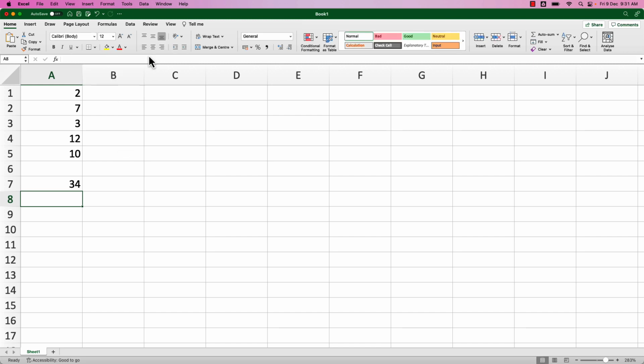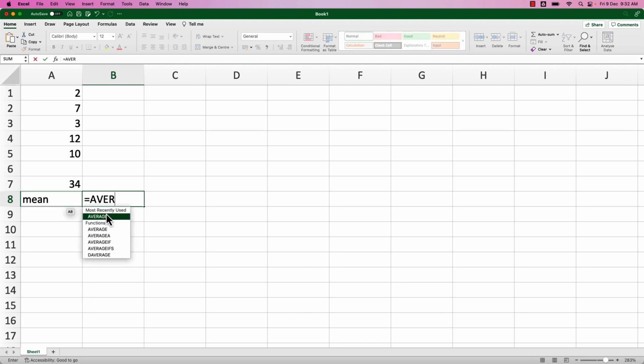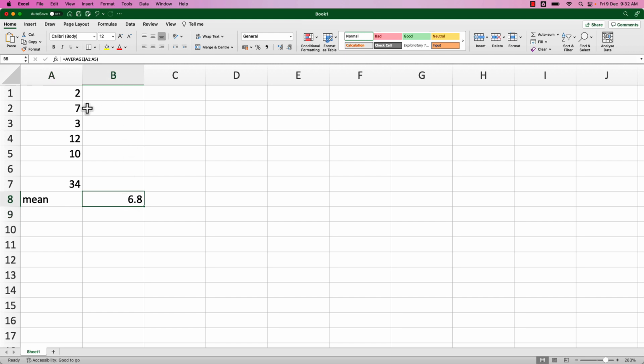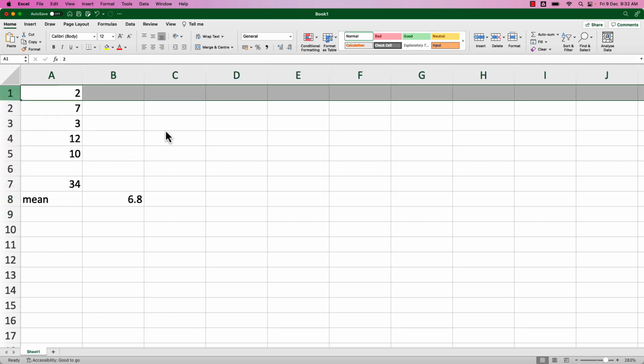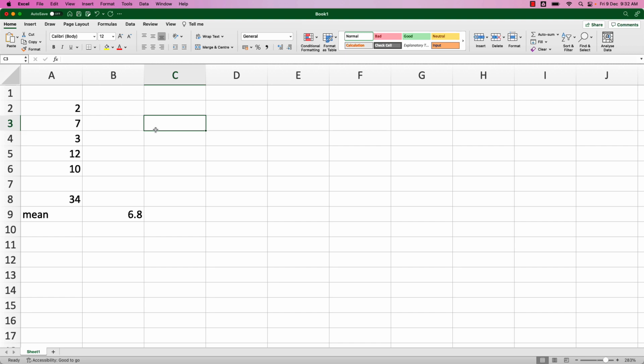Now I'll take the mean of the same. Mean is nothing but the average, so I'll write it like this, mean. It's the average of my data points. The first thing I'll do is take the difference squared.